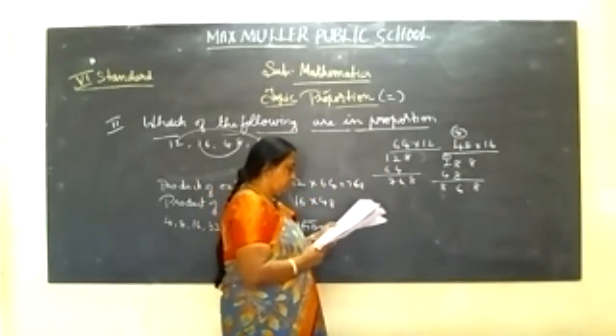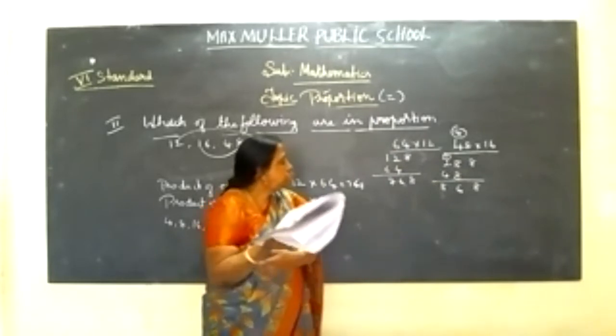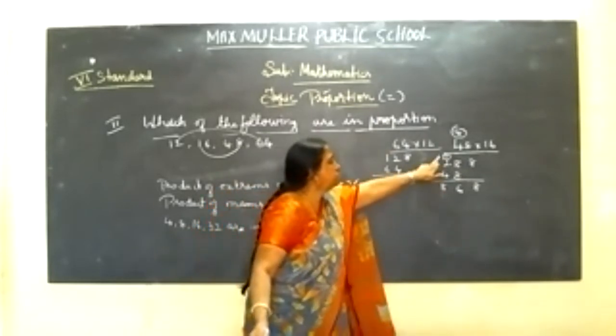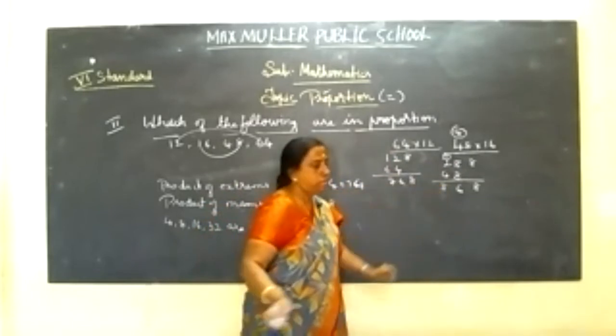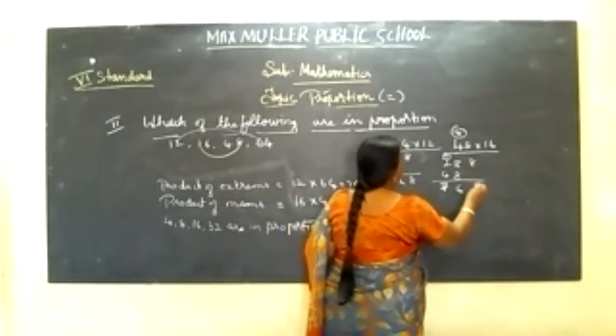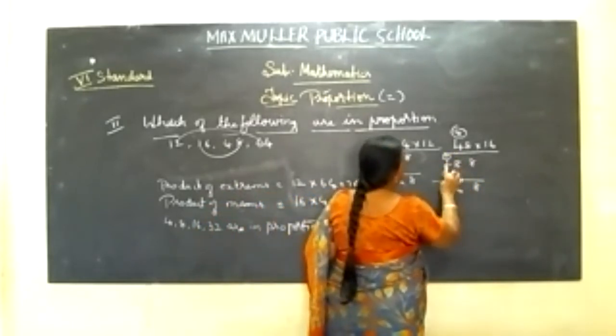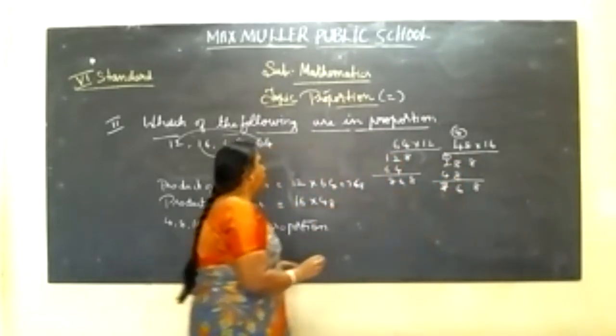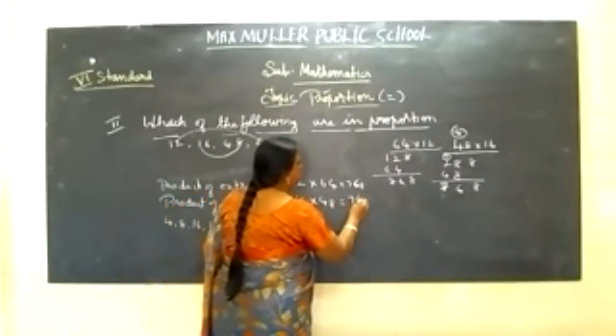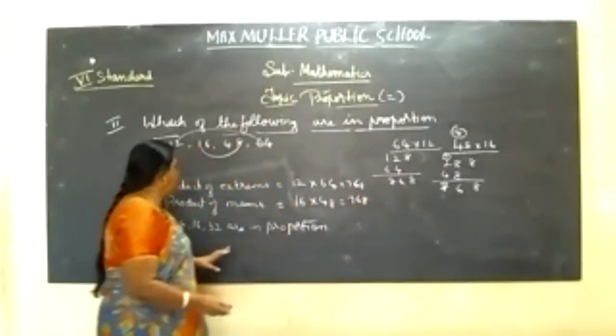Somewhere we made a mistake: 4, 5, 6 plus 1, 7 only here, not 8. 8 plus 8, 16, 1 carry. 1, 2, 3, 3 plus 4 is 7. So both are equal. Here also we got 768. Now both are in proportion.